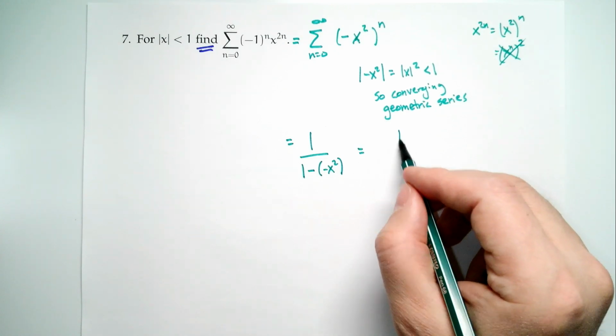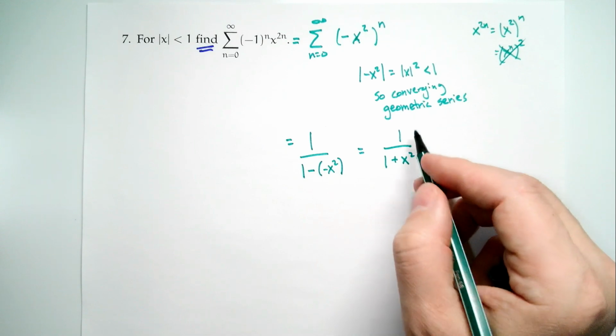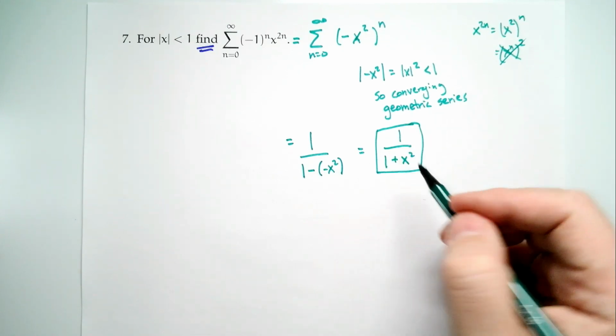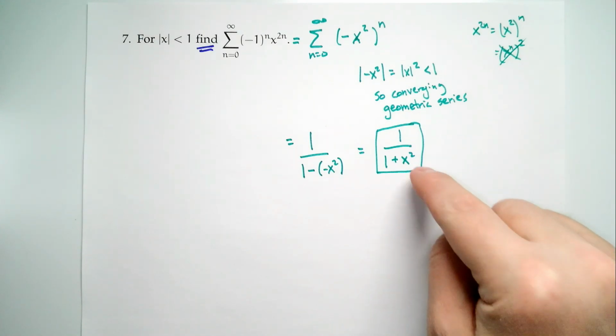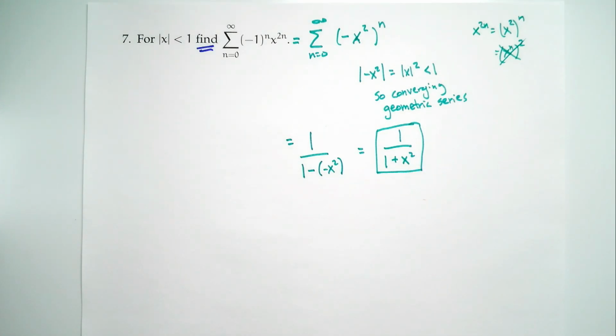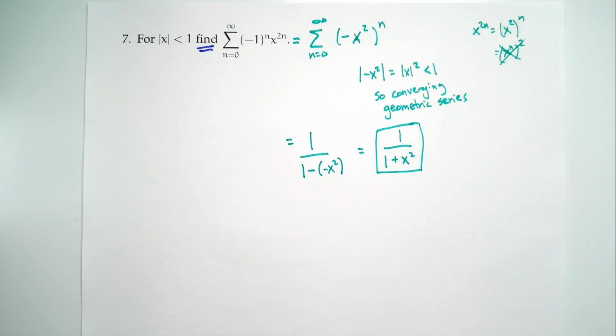So that becomes 1 divided by 1 plus x squared. That's it. We're done. That was too easy. However, knowing the people who write problems, 1 over 1 plus x squared, I suspect we're going to see this again. Maybe a couple of times even.